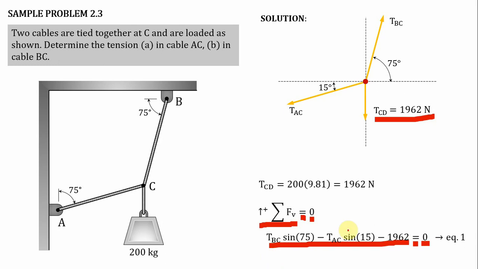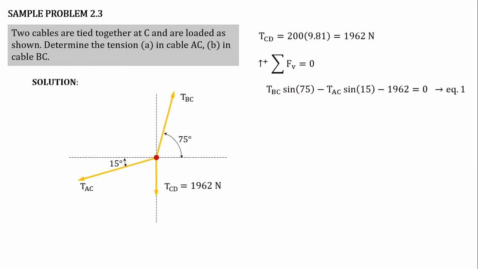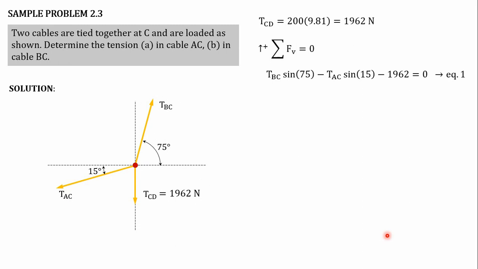Okay? So, that's why nakakreate tayo ng isang equation. And let that equation be our equation 1. Okay? So, arrange ko lang to para magkasya. Okay? So, ito na yung ating equation 1.